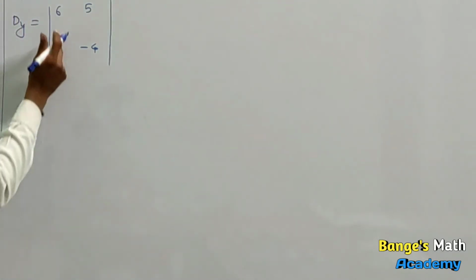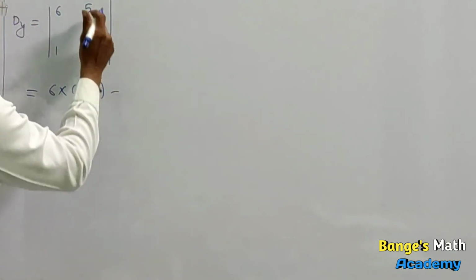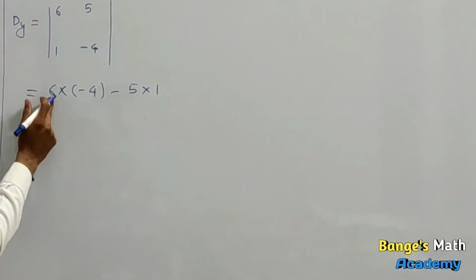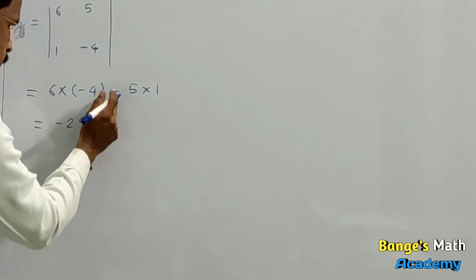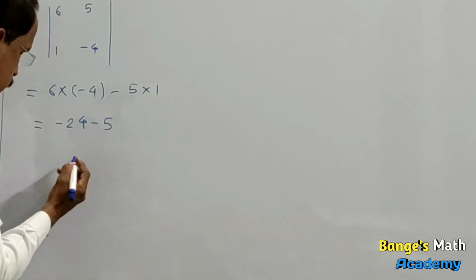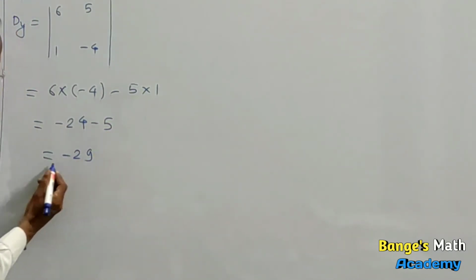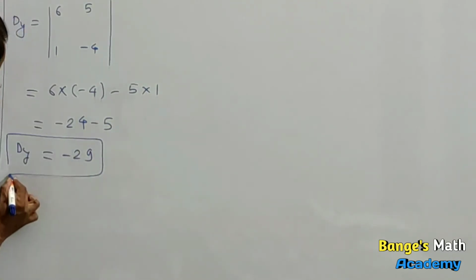Simplify this. 6 into minus 4 minus 5 into 1 is equal to 6 into minus 4 is minus 24, minus 5 into 1 is minus 5, minus 24 minus 5 is minus 29. dy is equal to minus 29.